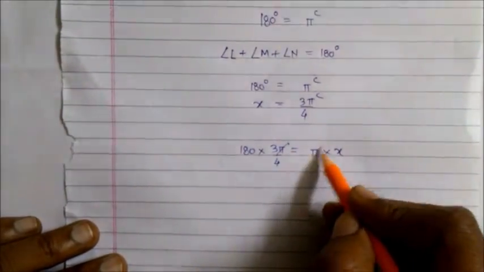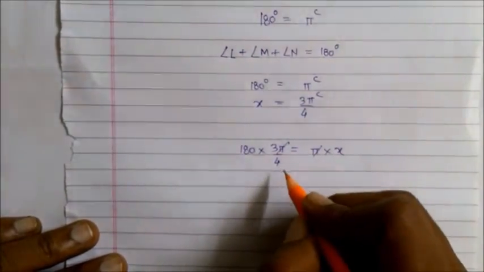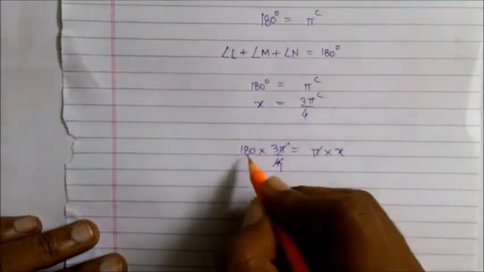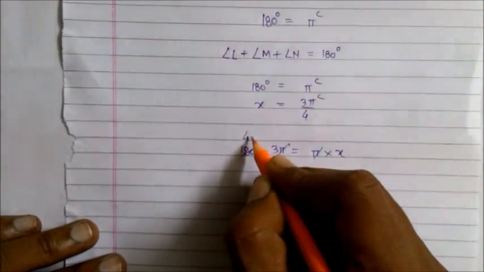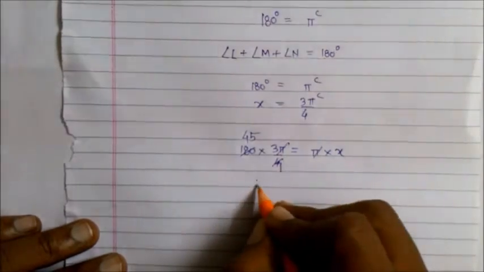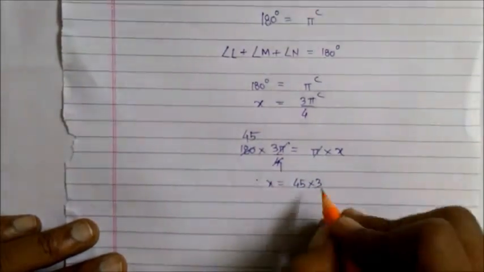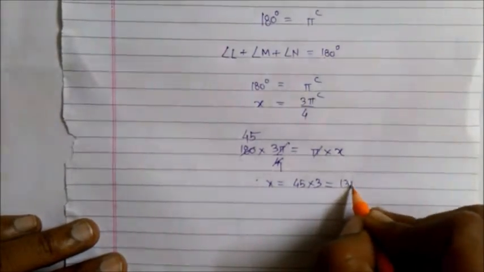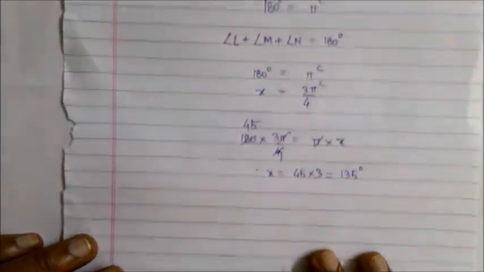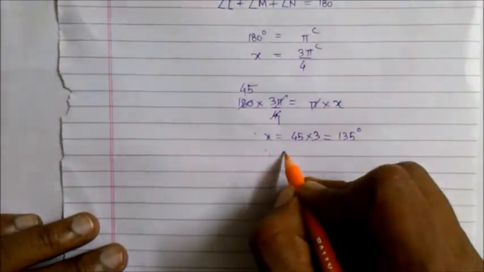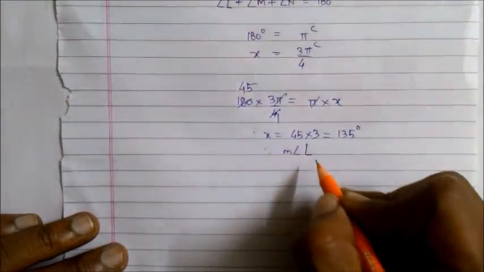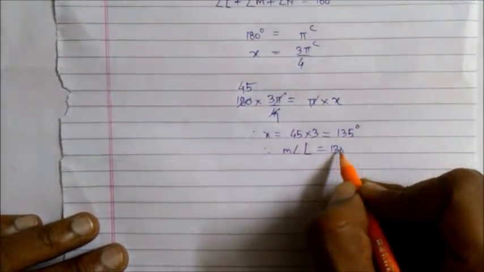Now this pi and this pi will get cancelled. I can divide 180 by 4. Therefore x will be 45 into 3 or 135 degrees. Therefore measure angle L in degrees is 135.